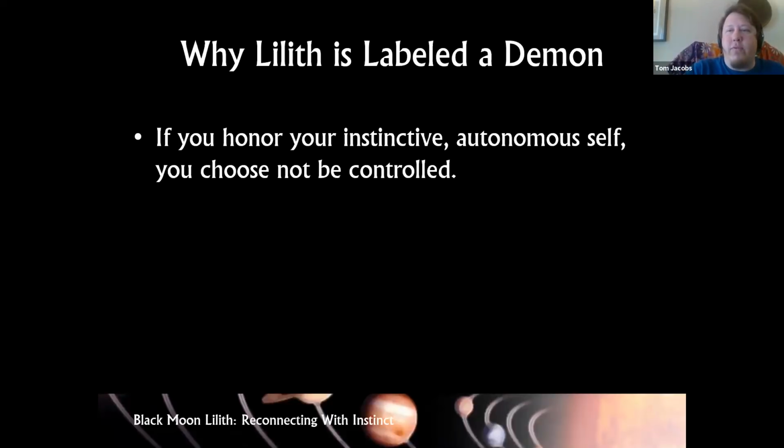If somebody says, oh, you're feeling sick, I want to give you this shot, and you say, my body doesn't want that shot, then you're difficult, right? But the goal is to get as many people as possible under the safety net of the bell curve, so we have labeled Lilith as demonic: a person who goes his or her own way, who makes his or her own decisions, who isn't controlled, isn't controllable.